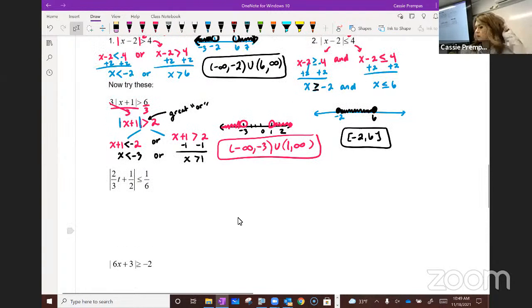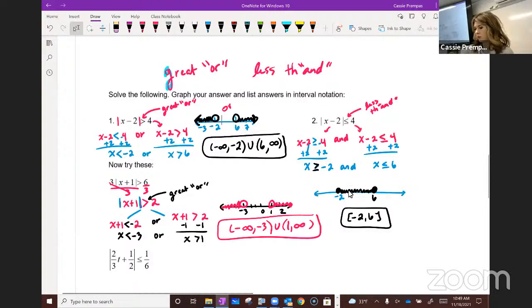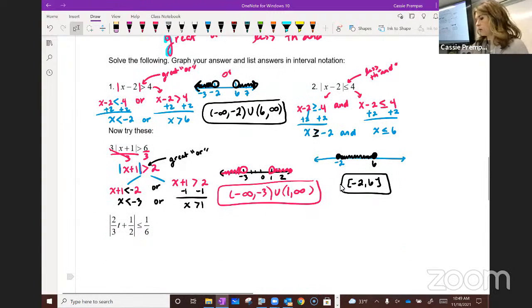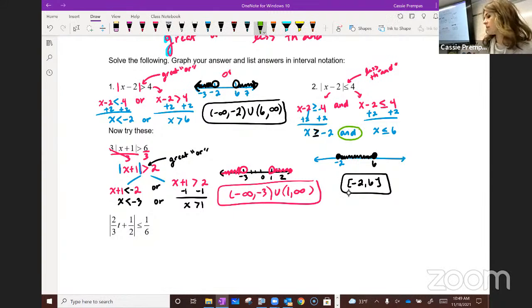For number 2, why did you write it like that? Like number 11, I didn't write it like that because it was an and situation, which means the numbers have to meet in the middle. They have to make both inequalities true. So I couldn't say the number 7 because the number 7 doesn't make both of those true.